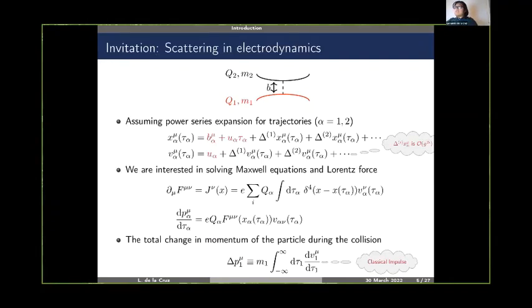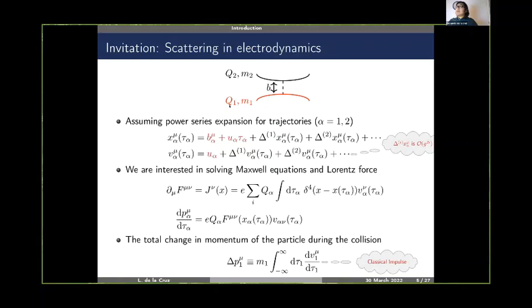But before that, let me give an illustrative example of the type of situation that we are interested in. Suppose that I'm interested in describing the scattering of two particles that interact via electrodynamics.